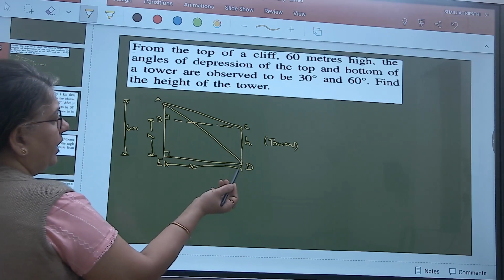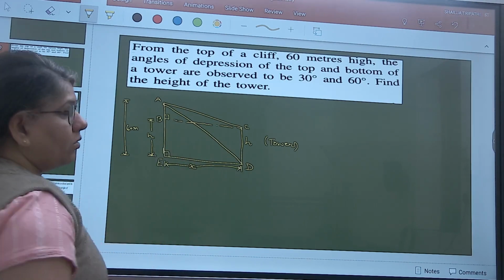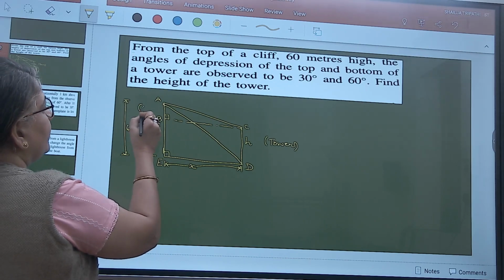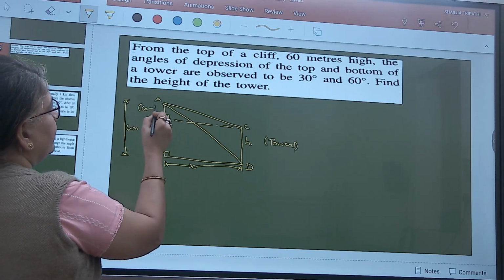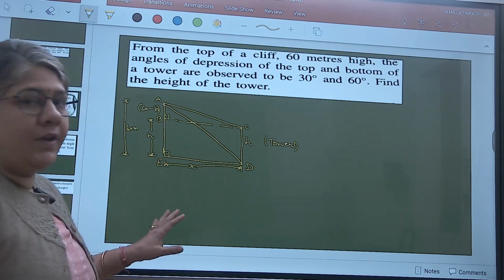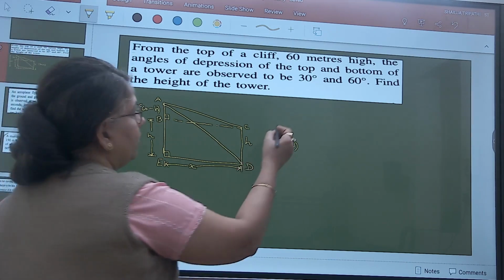So this CD is h, so BE is also h, and AB will be 60 minus h. So with this figure now we'll solve the question.